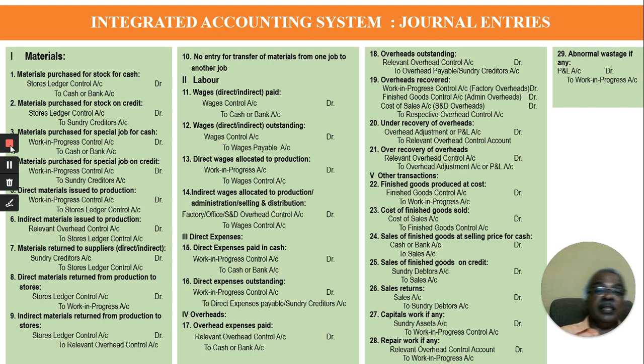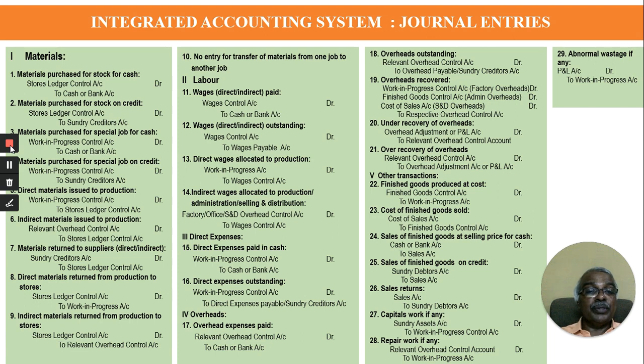There are other transactions found in the integrated system. If the finished goods are produced at cost, finished goods control account debit to work in progress control account. The cost of finished goods sold: cost of sales account debit to finished goods control account, that is the journal entry that is to be passed.